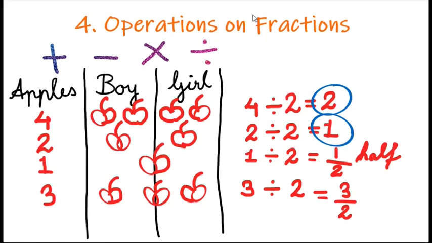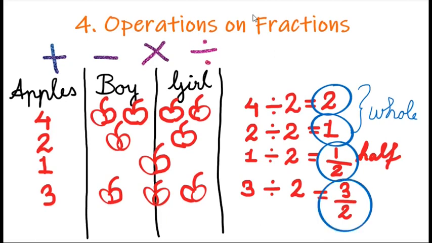But here if you see, they are getting half, that means less than 1, isn't it? And here also, they are getting 1 apple and half, which is not a whole number. So these numbers are a little bit different compared to whole numbers.